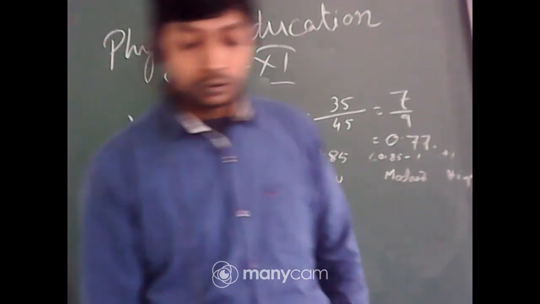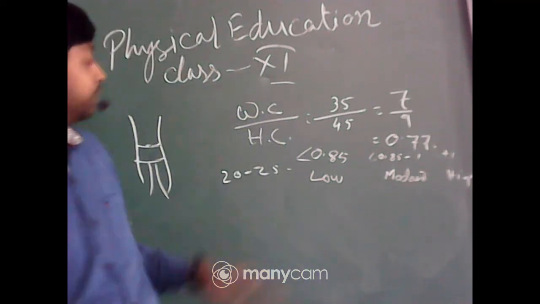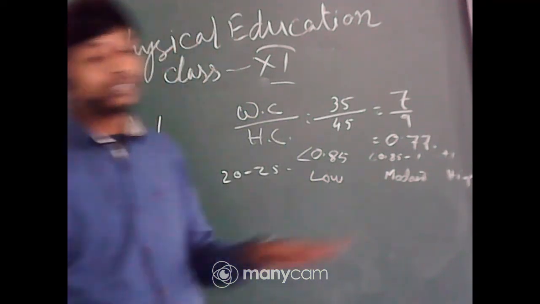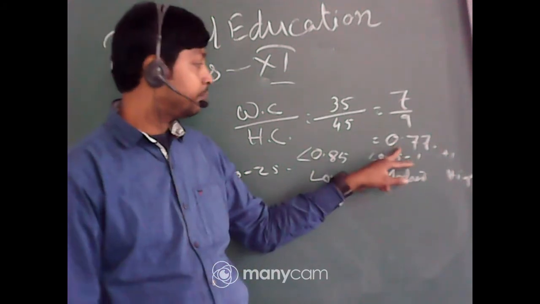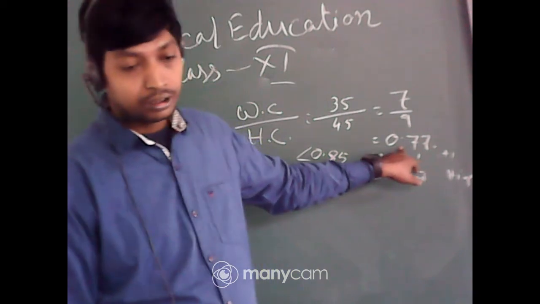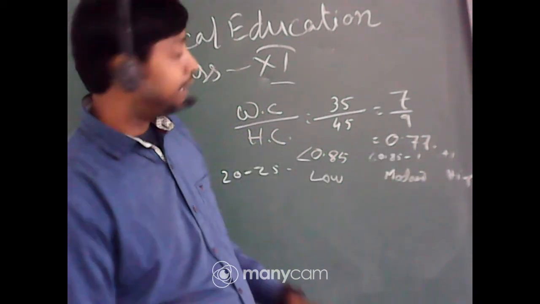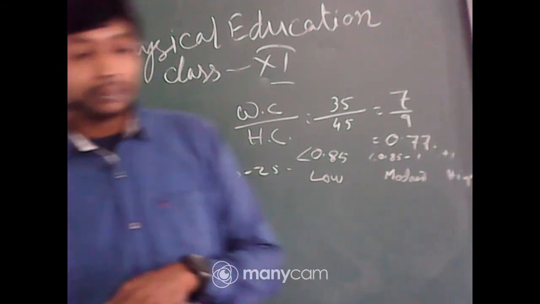No need to remember that chart, but it is a chart where we get the result from this ratio. Then we go to the anthropometric measurement.